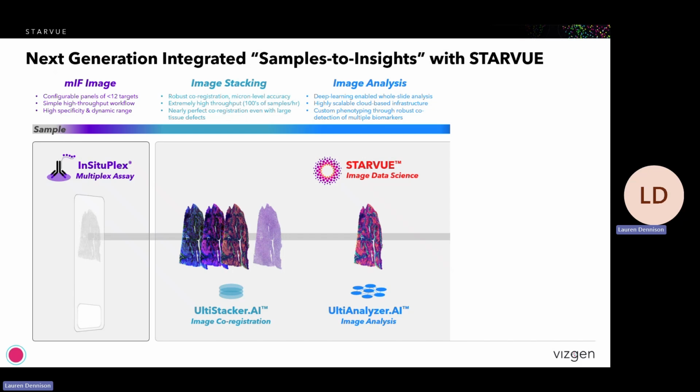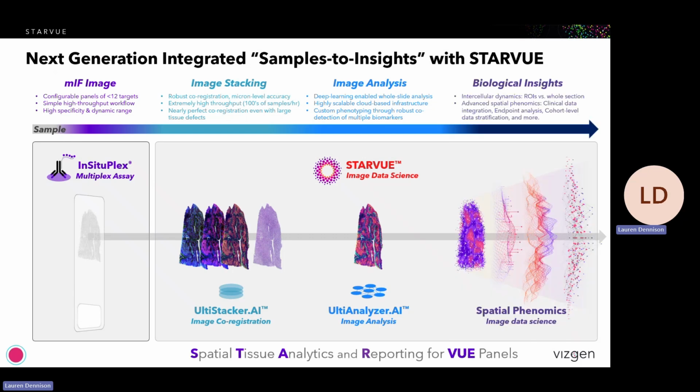And now you can start to ask the really interesting questions, because now you can ask questions like, okay, across the samples in my cohort, is there a difference between the distance between tumor cells and cytotoxic T cells? And maybe does that difference correlate with the treatment a subset of patients in that cohort received? Things like that. That's what we call biological insights. And that's something you can do with this type of data.